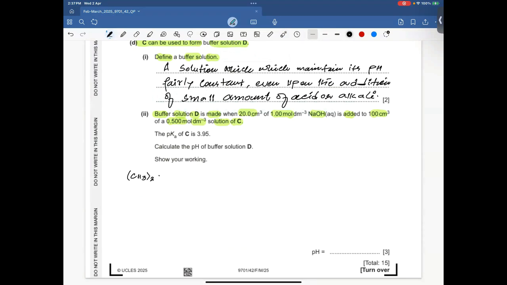CH3COOH plus NaOH, converting into salt and water.